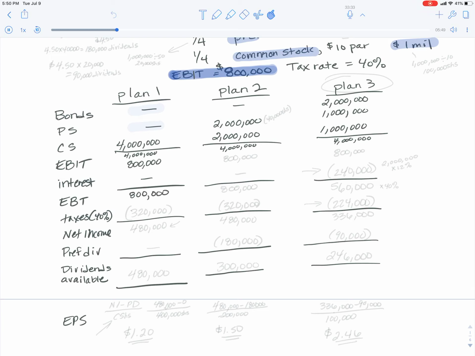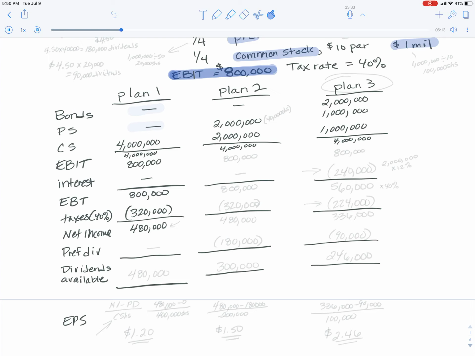Now let's calculate the tax. We didn't get to deduct any interest since we didn't have any bonds. So 40% times 800,000 is 320,000. And we're going to subtract that from our income because we have to pay the IRS that money and we don't get to keep it.